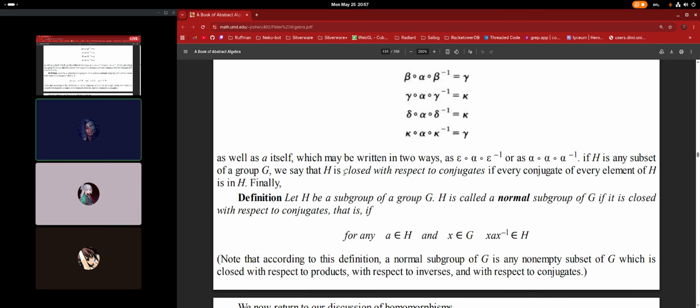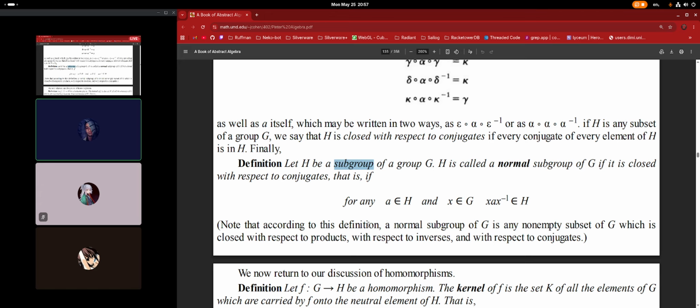It is only talking about being closed with respect to conjugates. But this one is putting two restrictions on it. It needs to be a subgroup and it needs to be closed with respect to conjugates. Yes. Okay, so this is stronger.